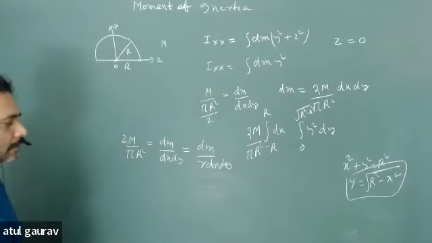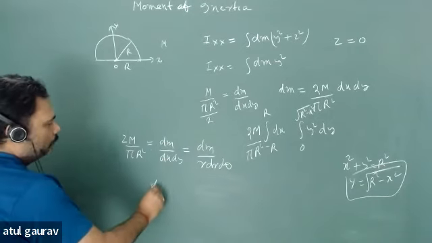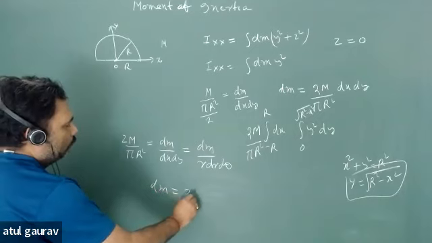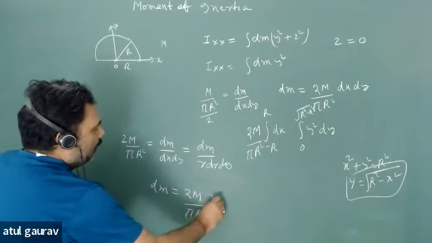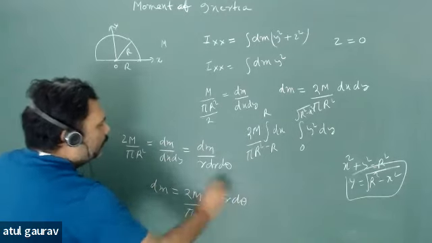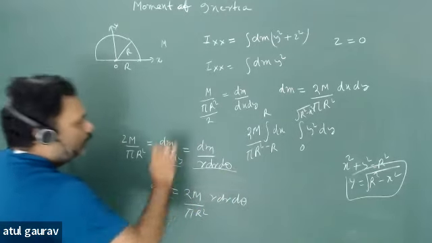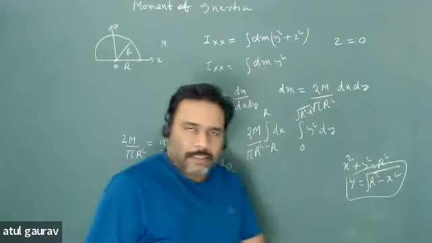Can we write that? Yes, sir. And what will be my dm? My dm is equal to 2m upon pi r square times r dr d theta.